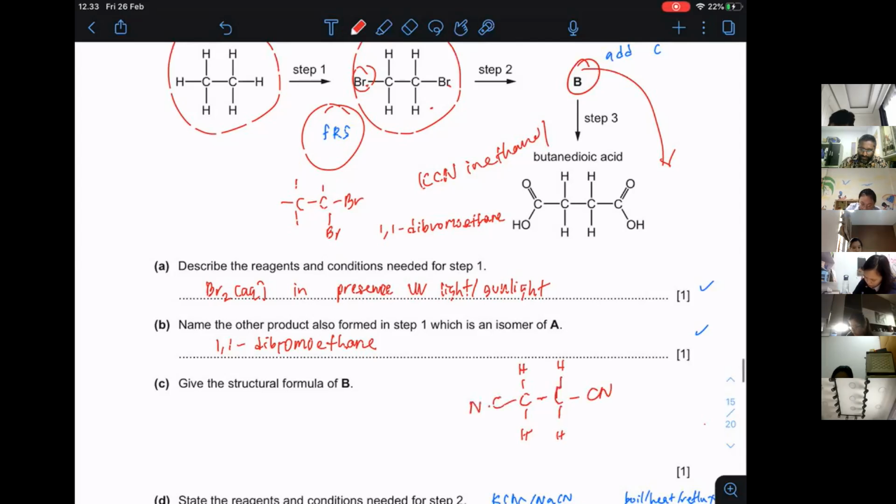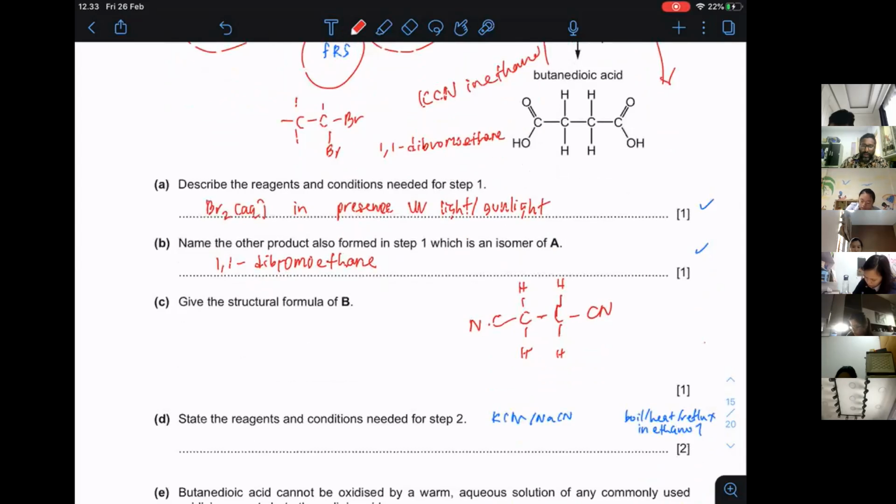If I want to give the structural formula, I will write down CN CH2 CH2 CN.